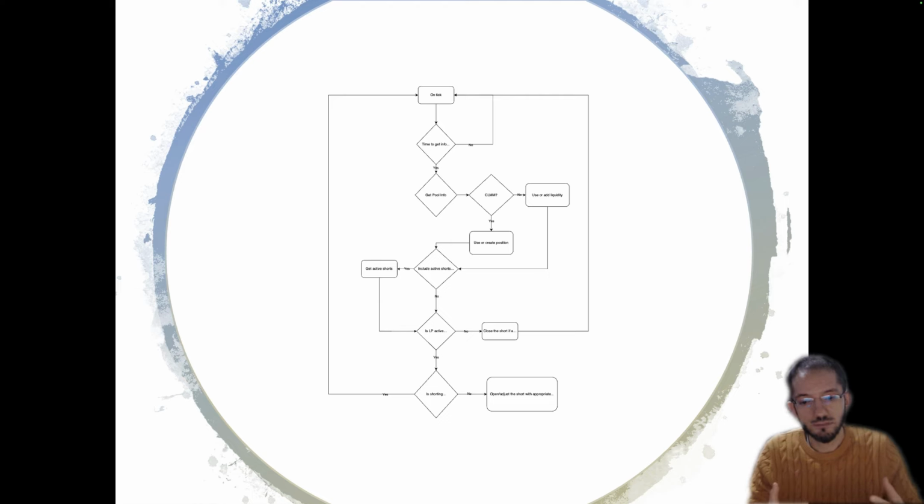It can also decide whether to adjust a short or open a new one according to configuration, and when stopping the bot it can also decide whether to stop the shorting, close the liquidity pool, or do both according to the configuration.